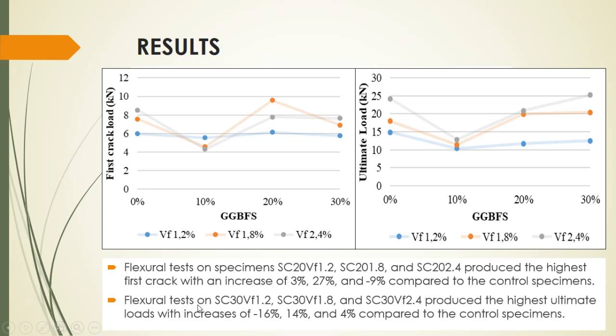Flexural test on SC30 VF 1.2, SC30 VF 1.8 and SC30 VF 2.4 produce the highest ultimate loads with increases of minus 16%, 14%, and 4% compared to the control specimen.